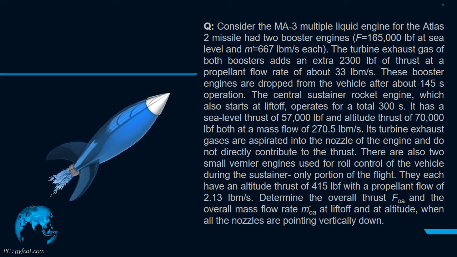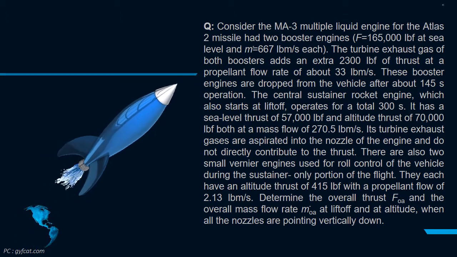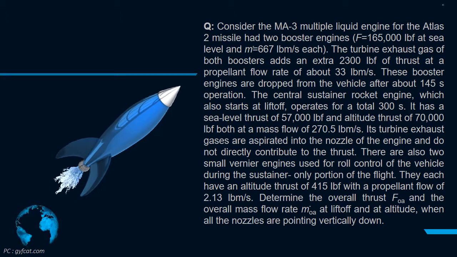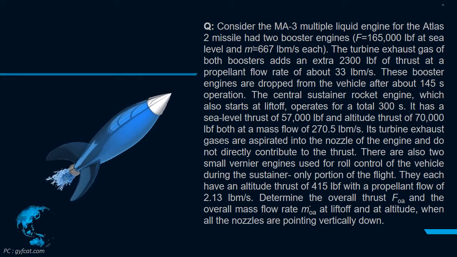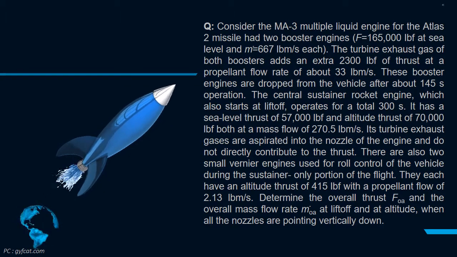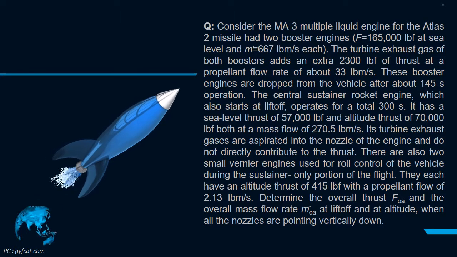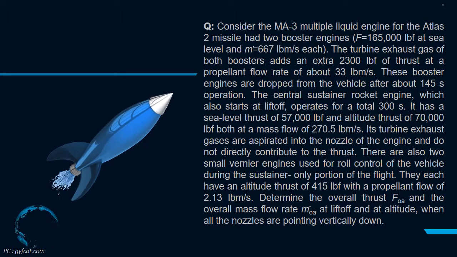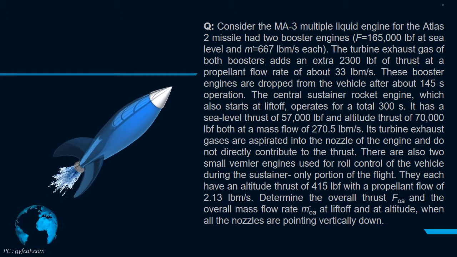Its turbine exhaust gases are aspirated into the nozzle of the engine and do not directly contribute to the thrust. There are also two small vernier engines used for roll control of the vehicle during the sustainer only portion of the flight.